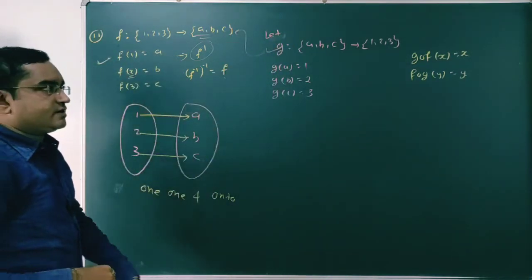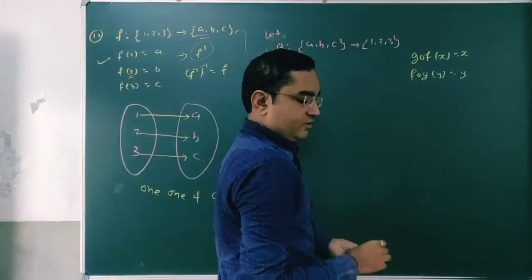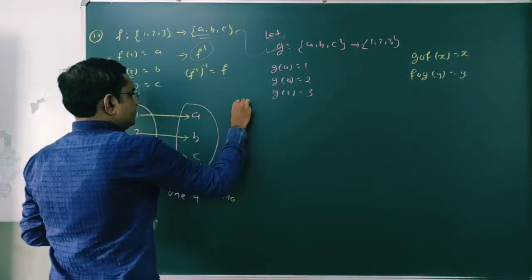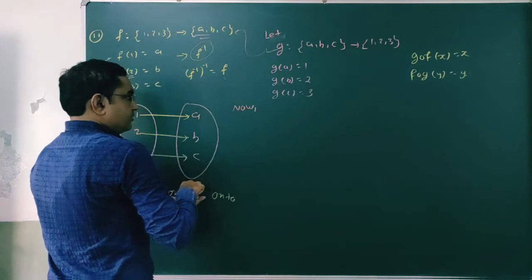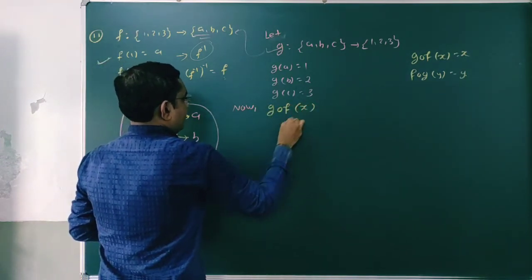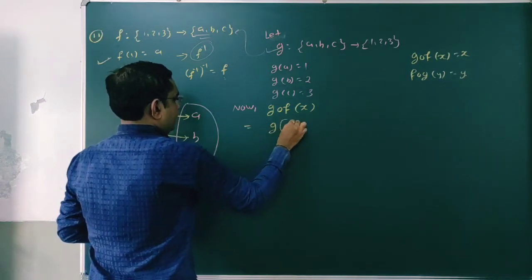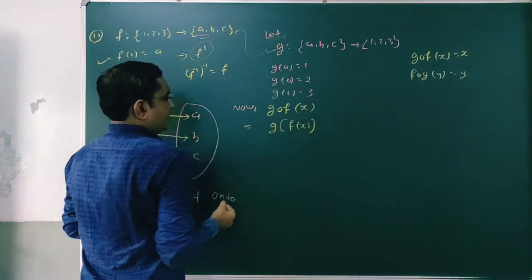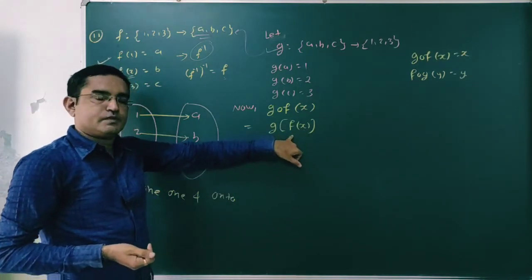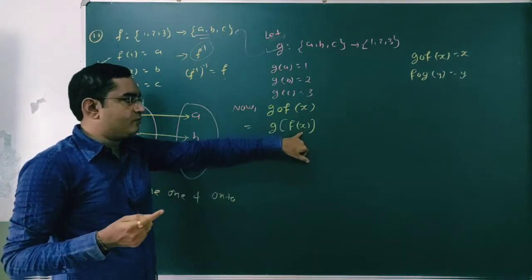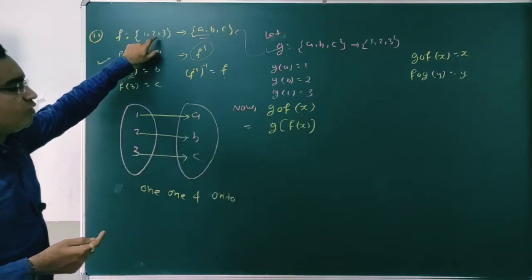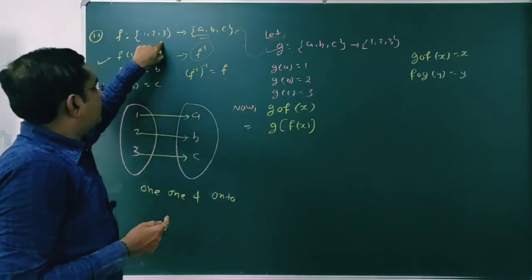So let's try to verify both the conditions. First we will verify gof of x. Here g of f of x, where x is taken from the domain of the function f. For this function f, the domain is the set with the elements 1, 2, 3.